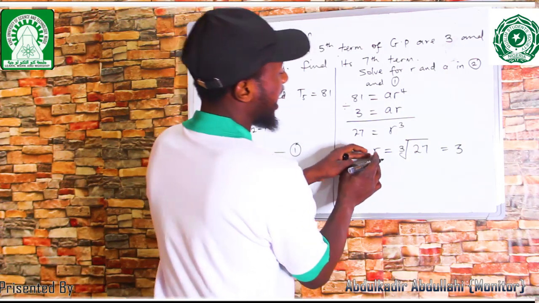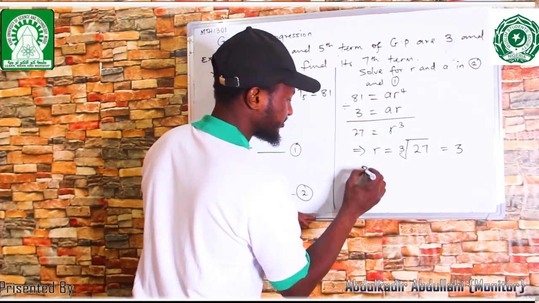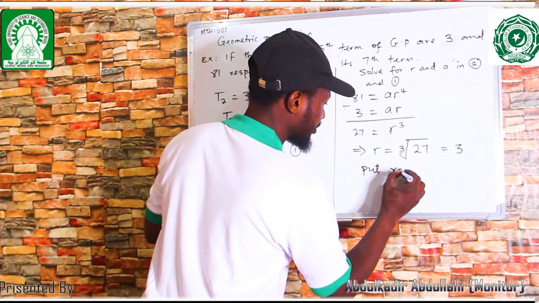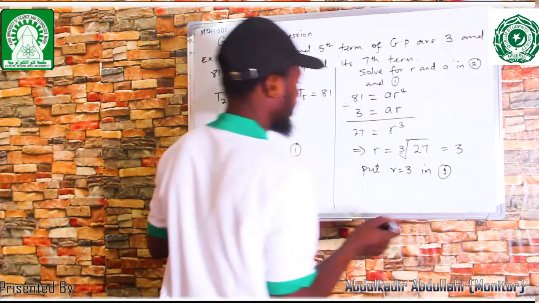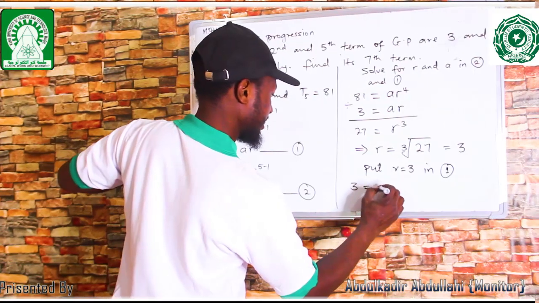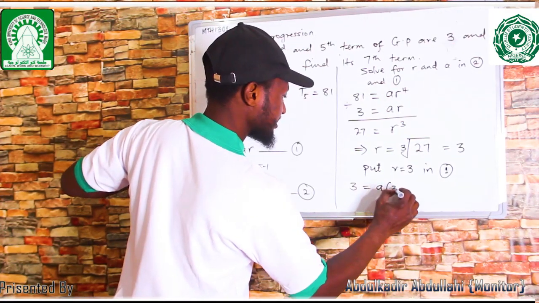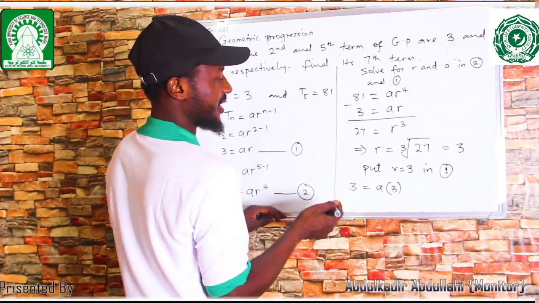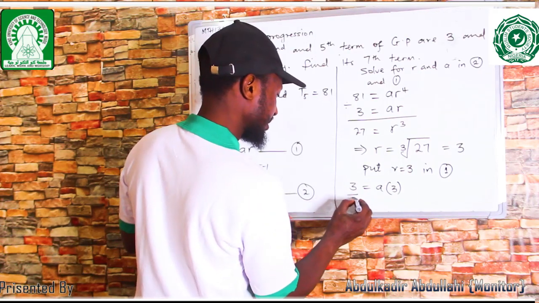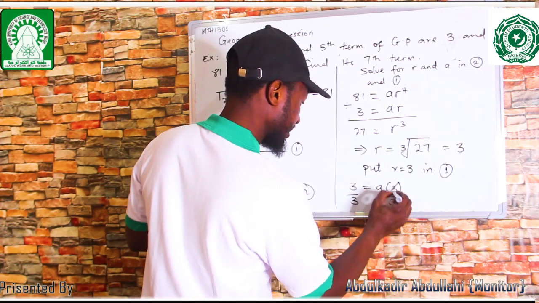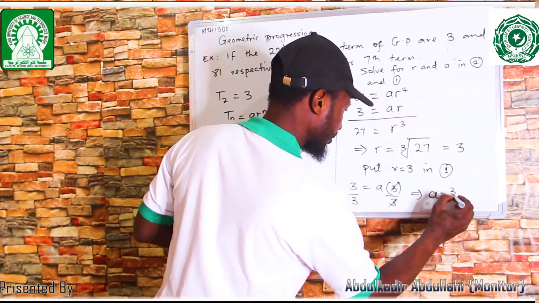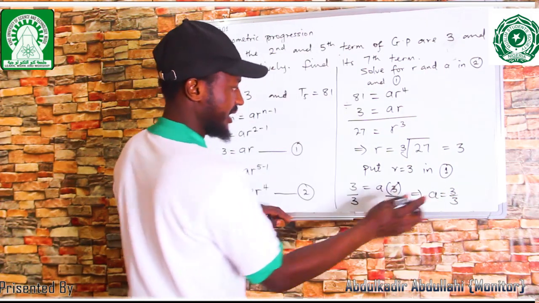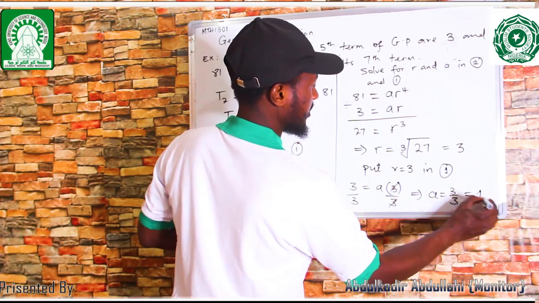So now, having our R as 3, just put R is equal to 3 in either equation 1 or equation 2. A R, and our R is 3. Just divide through by 3 to get your A. Therefore, A is equal to 3 over 3, so it's equal to 1.